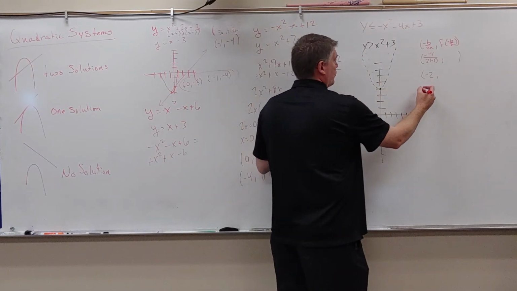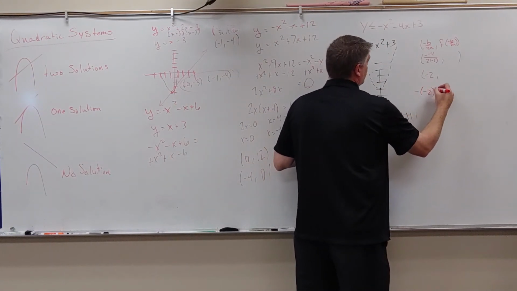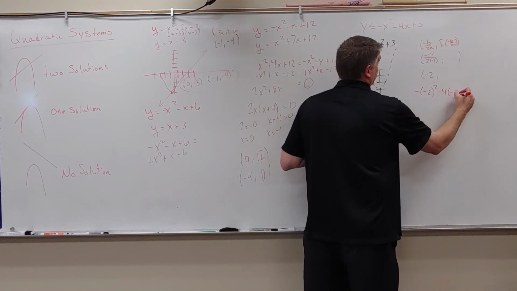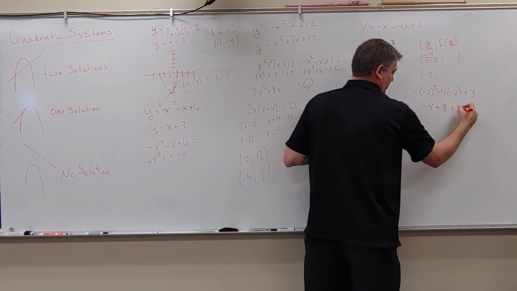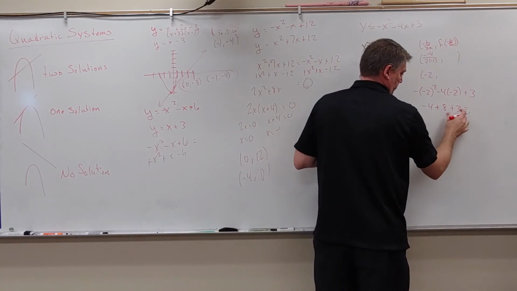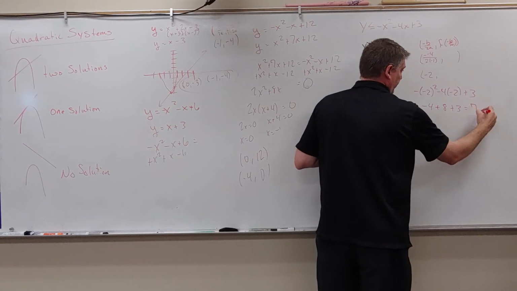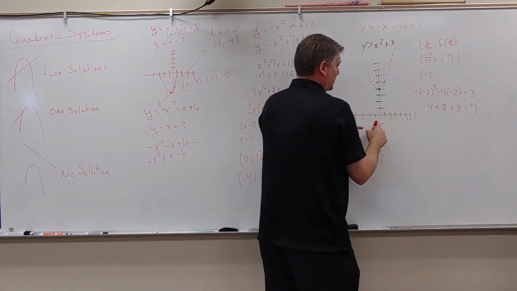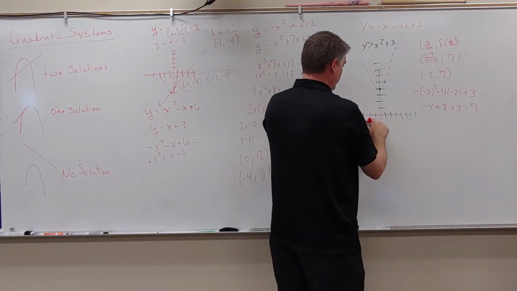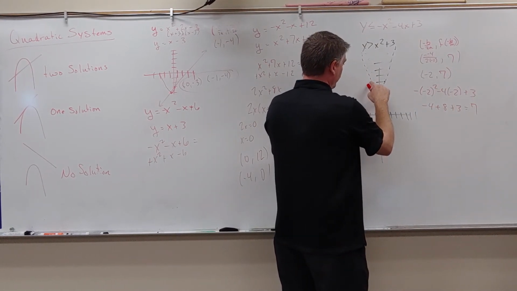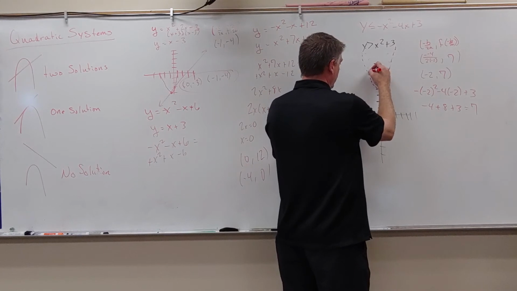Then negative 2 squared, so I have negative 2 squared minus 4 times negative 2 plus 3. This gives me negative 4 plus 8 plus 3, which is 7. So there's my vertex, right here: (negative 2, 7).